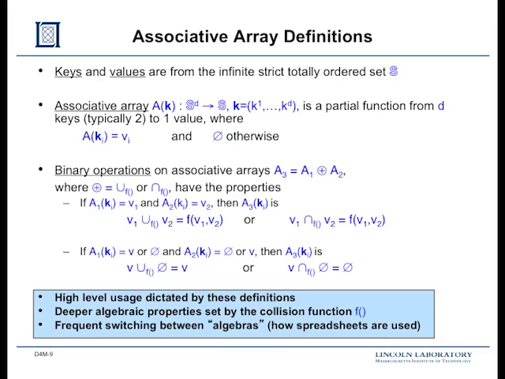Yes? I'm a little confused by the discussion. We formally defined operations on associative arrays in terms of values, and we've used equality on keys at this point. We haven't defined any other operations such as union or intersection on keys yet. Well, the keys are part of a set, and so they get the union and intersection properties of a strict totally ordered set, which is the intuitive use of union.